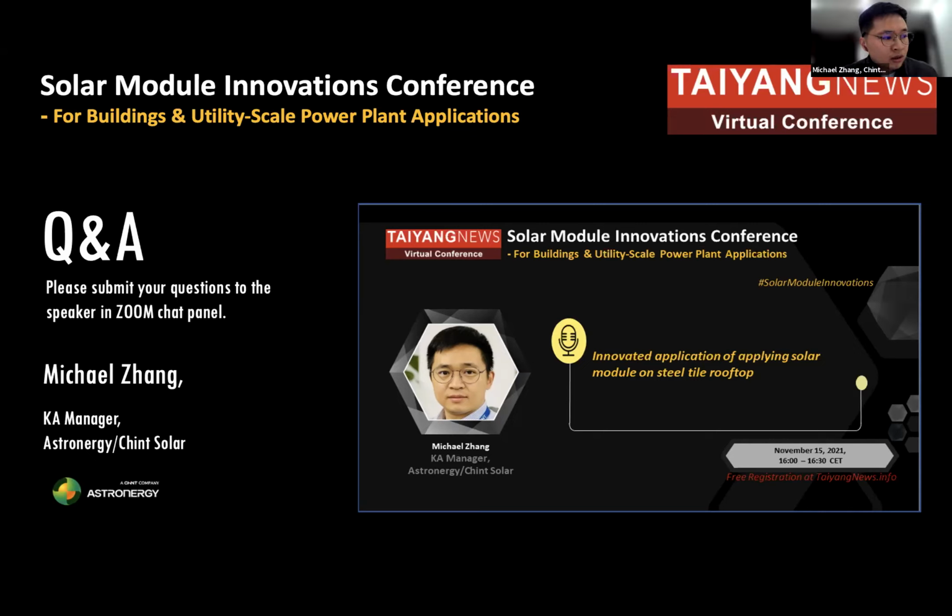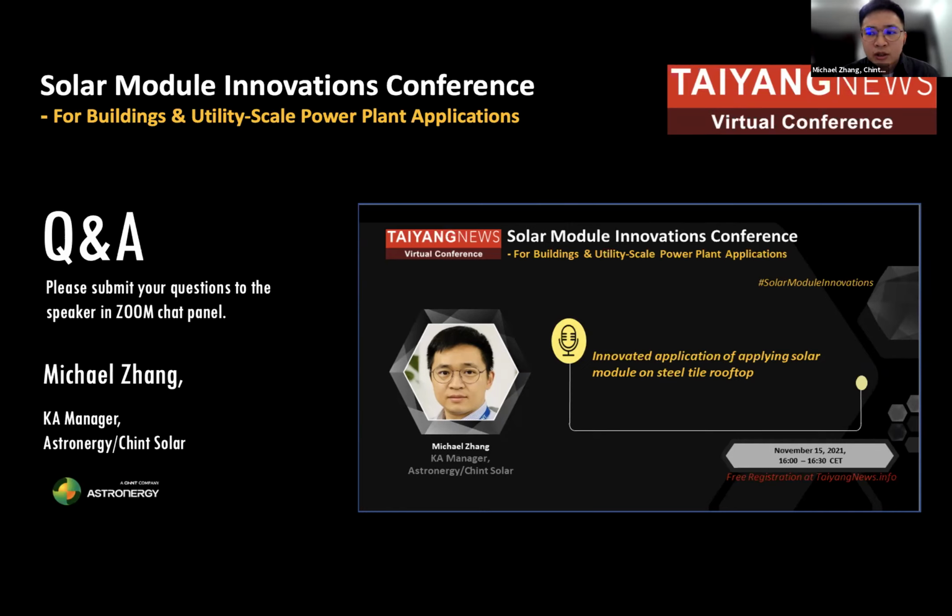Actually, at Chint Solar, we have our own department of O&M. So for all the DG systems we installed or we invested in, we are doing the O&M by ourselves. So we have very routine inspection and cleaning of the solar module.